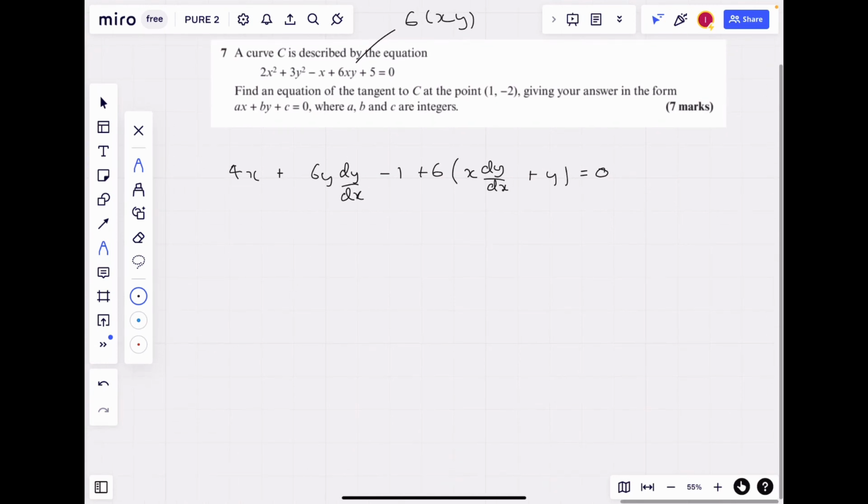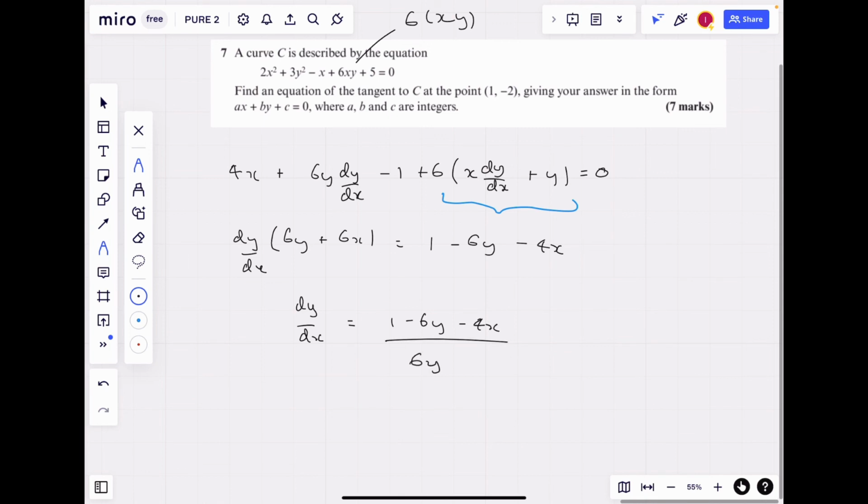Now it's a matter of rearranging to make dy by dx the subject of the formula. So 6y plus 6x dy by dx equals 1 minus 6y minus 4x. So expand this bracket and then move everything that doesn't involve dy by dx all to the other side. Okay, so that means dy by dx is 1 minus 6y minus 4x all over 6y plus 6x.